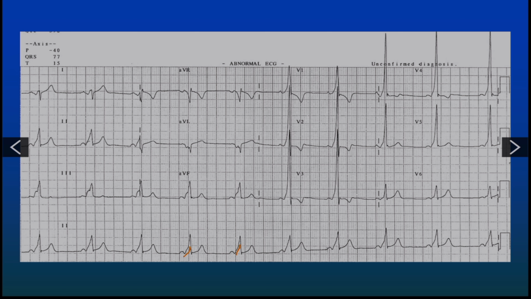So the PR interval gets very short, and that's because this delta wave is making the QRS wide. I mean, it's in every lead here. So this would be an example of a patient that has Wolff-Parkinson-White. And us recognizing this on an EKG is going to make us aware that certain medications we would want to avoid in this type of patient.